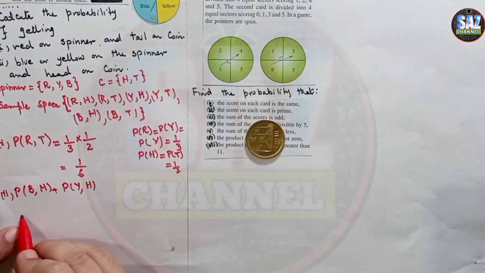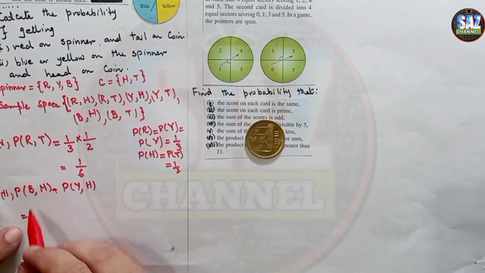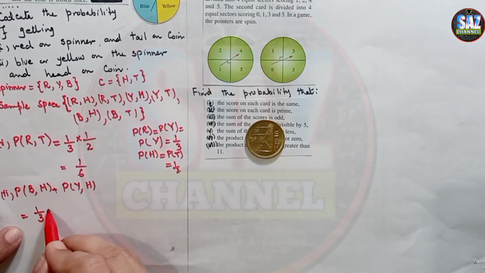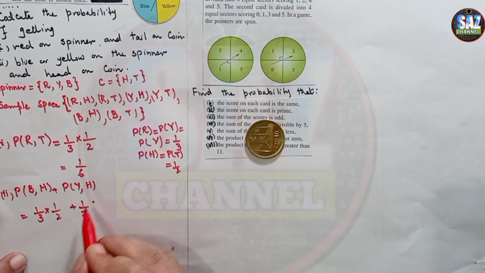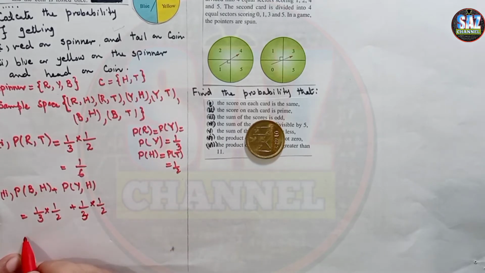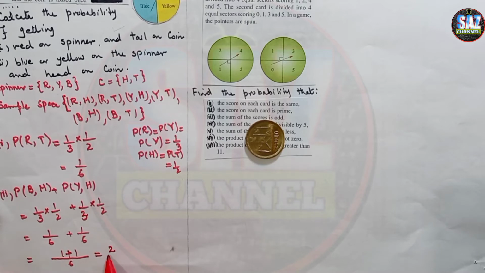Chances of blue are 1 by 3 and head is 1 by 2. Chances of yellow are 1 by 3 and head is 1 by 2. So this becomes 1 by 6 plus 1 by 6. Taking the LCM, 6, 1 plus 1 is 2 by 6, which is equal to 1 by 3.